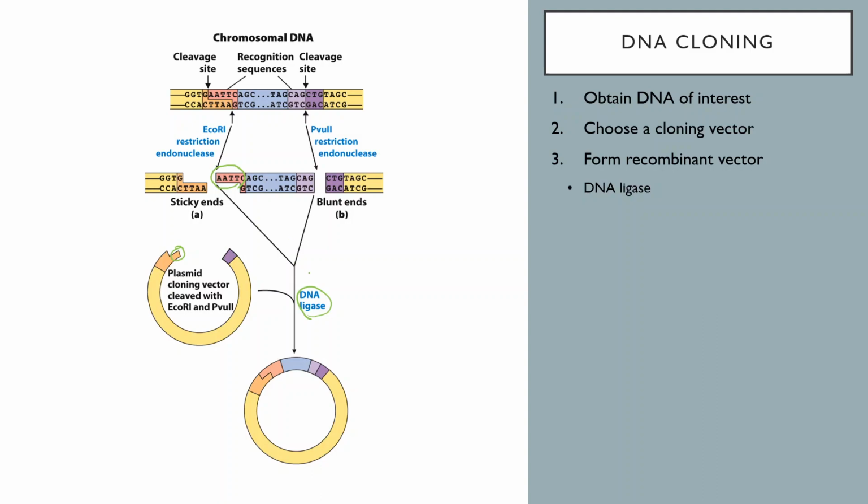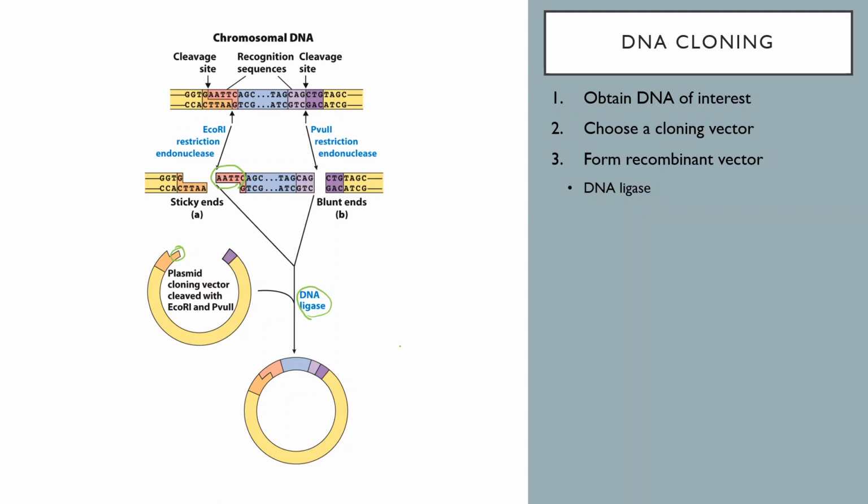DNA ligase is a bacterial enzyme, and it's used by the bacteria to repair double-stranded breaks in DNA. Lots of things can make DNA molecules break, and enzymes like DNA ligase are there to repair those breaks. But we use them in cloning to attach our vector and our DNA of interest together.